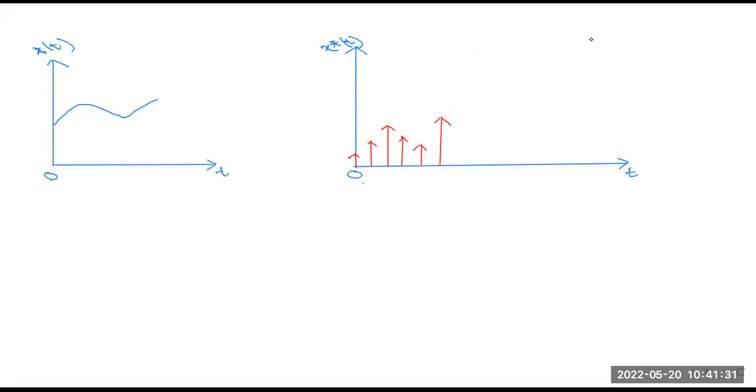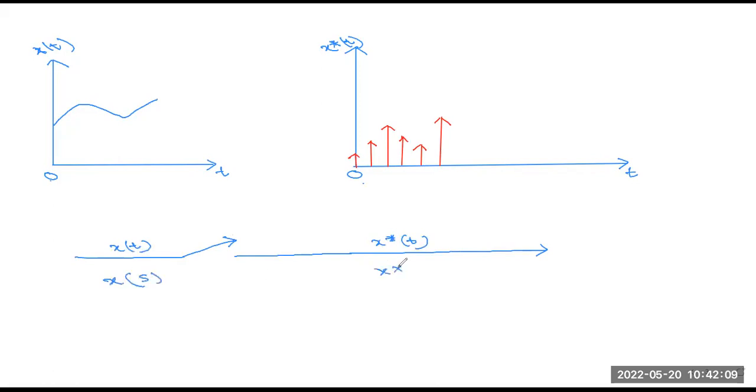Now, as I told you previously, basically it is a switch. The symbol is this one, which is a close or open button. Then this is the output signal. So this is x of t, and this is x asterisk of t, sometimes also written as x s.